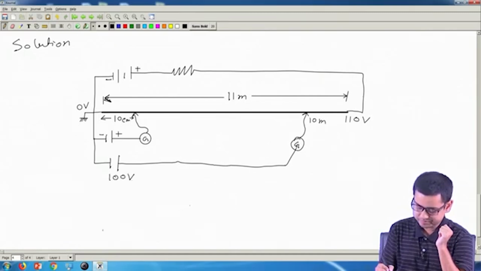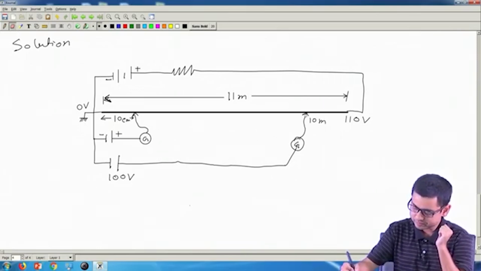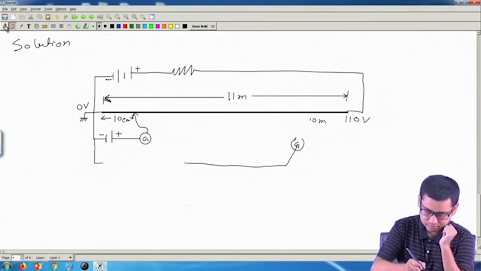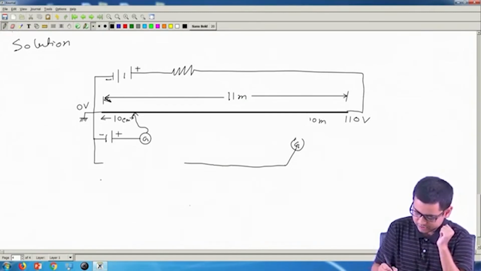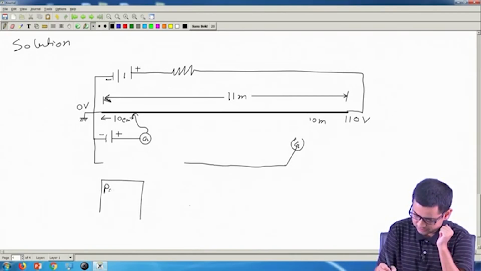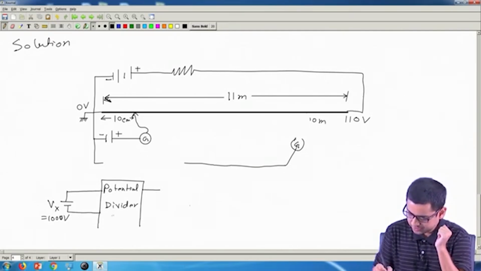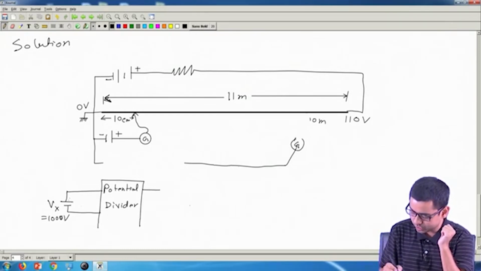If this is 1000 volt, instead of measuring this voltage directly with a potentiometer, we will use something called a potential divider. We will give Vx, which is 1000 volt, as the input to this potential divider, and the function of the potential divider is to divide the input by some factor.